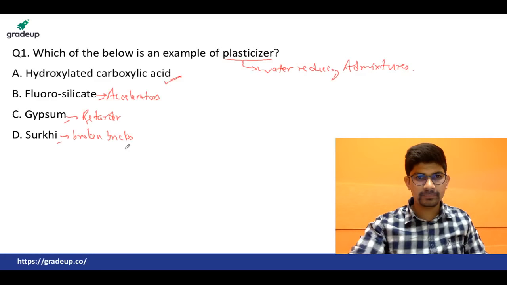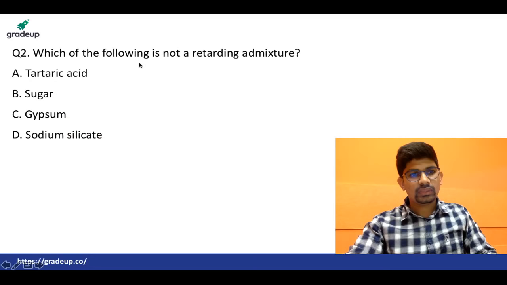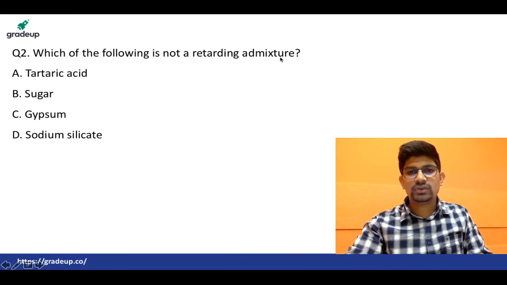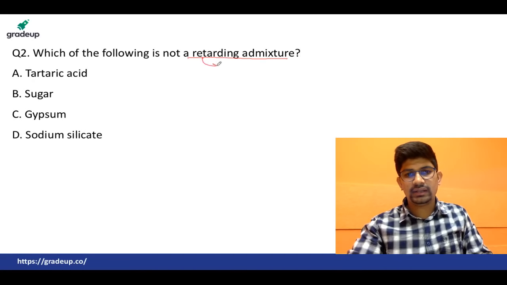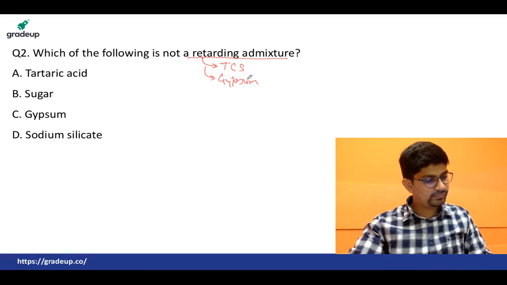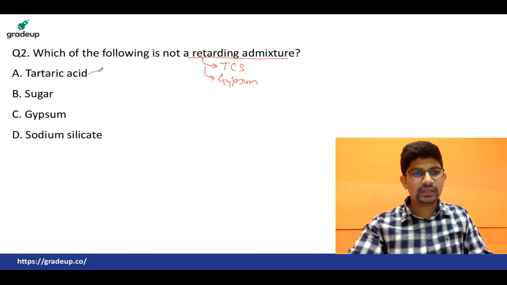Now, second question: which of the following is not a retarding admixture? Retarding admixtures, I have told you, include TCS and also gypsum. So tartaric acid, yes, it is a retarding admixture.